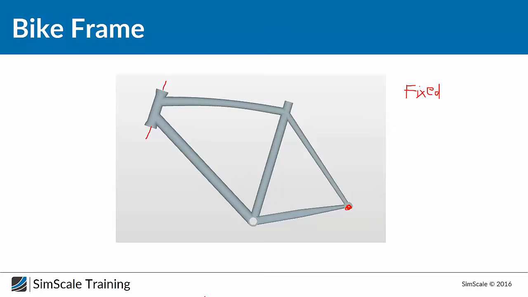We have fixed first of all the back of the wheel and the wheel fork here. And then we can just add a load here. And then what we want to find out in the end is the stress distribution inside this frame.